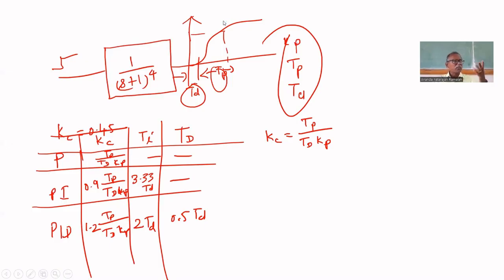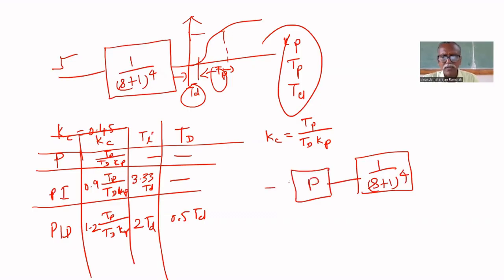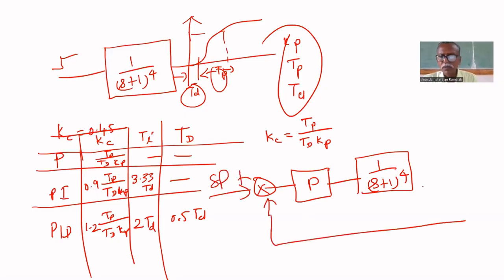Then tune by using the closed loop method. For that, you have to take the process 1 by (s plus 1) to the power 4, put a P only controller, and put it in closed loop. Vary Kc until it exhibits sustained oscillation.